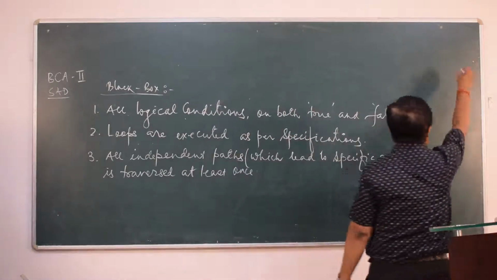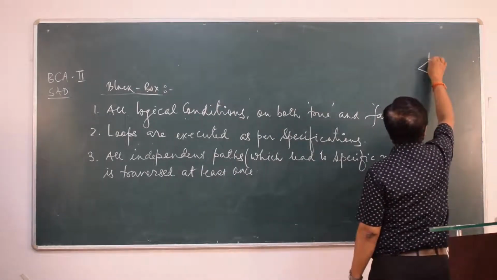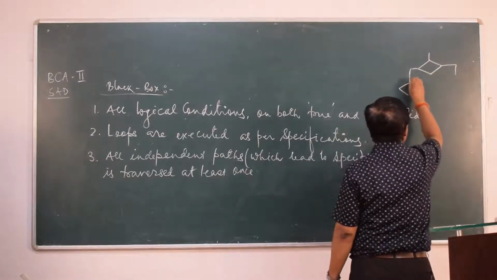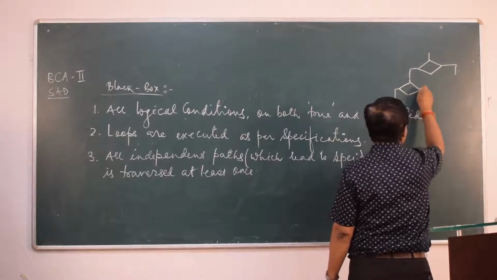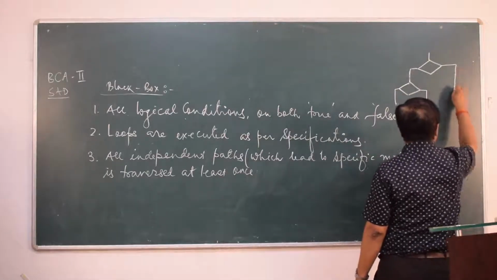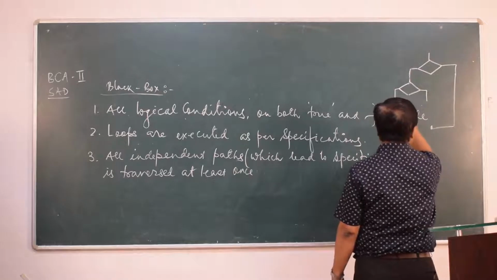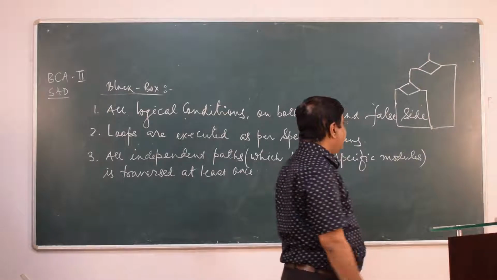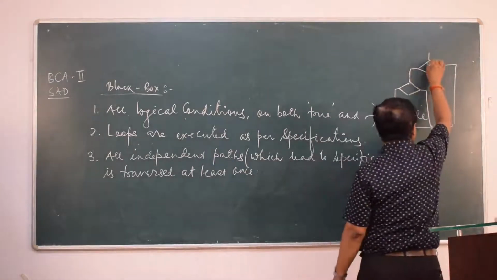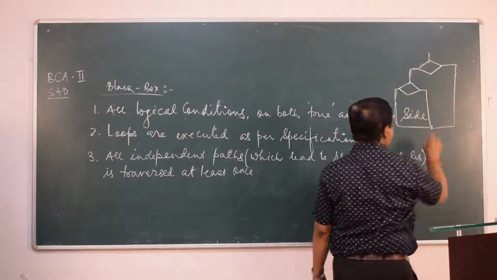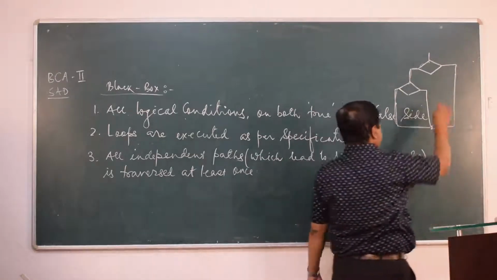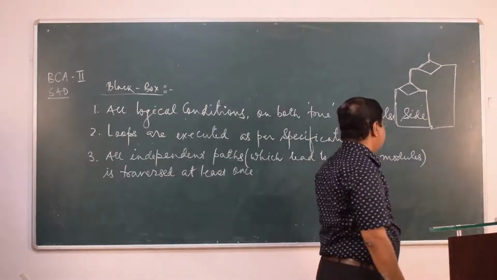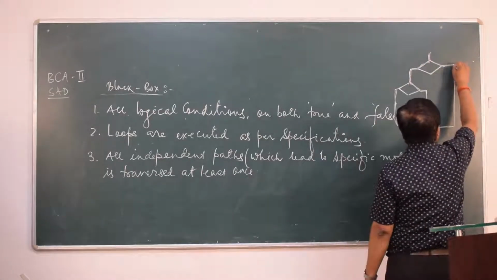Independent paths means, say this is a flow chart. This is one independent path, this one is another independent path, and the third one is this.